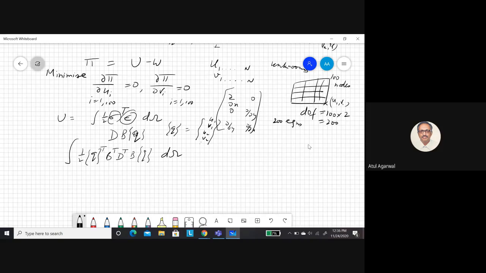Now if you want to take its derivative with respect to any displacement u, v or w, you are basically taking the derivative of this with respect to the Q vector. This is a constant. This is your K matrix, the element matrix. So this derivation, what answer will you get?